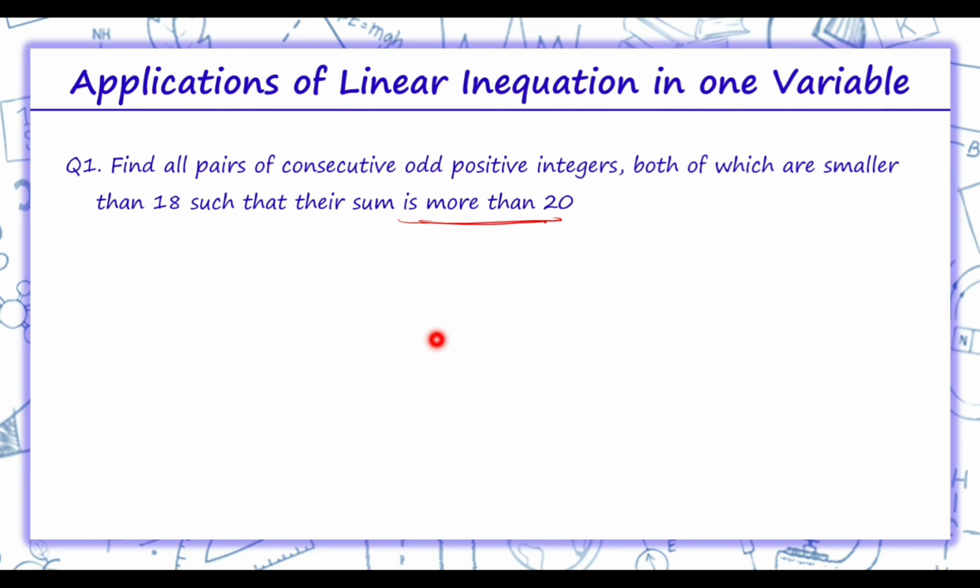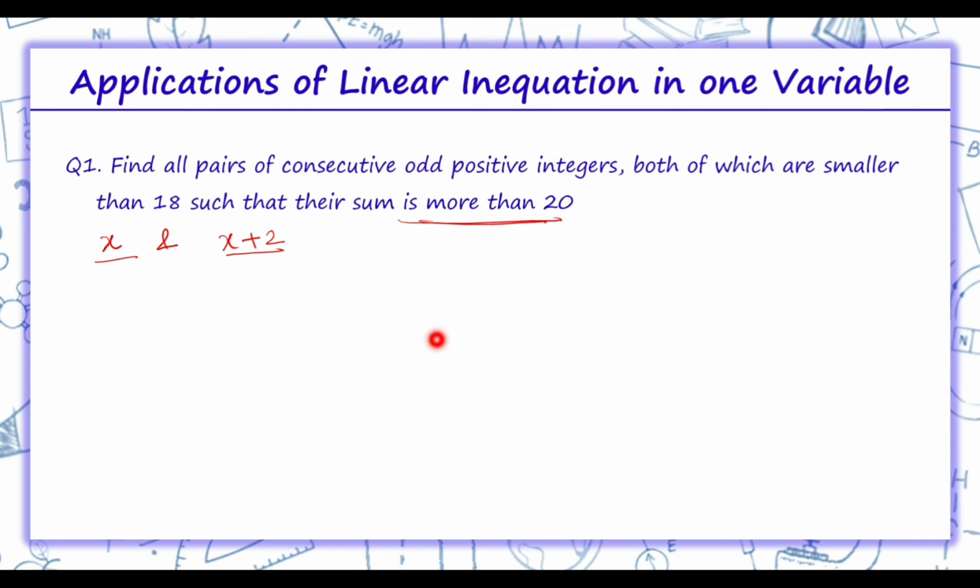Now let's suppose we have to find the consecutive pair of odd positive integers. Let x be the smaller of the two consecutive odd positive integers and the other odd positive integer is x plus 2.